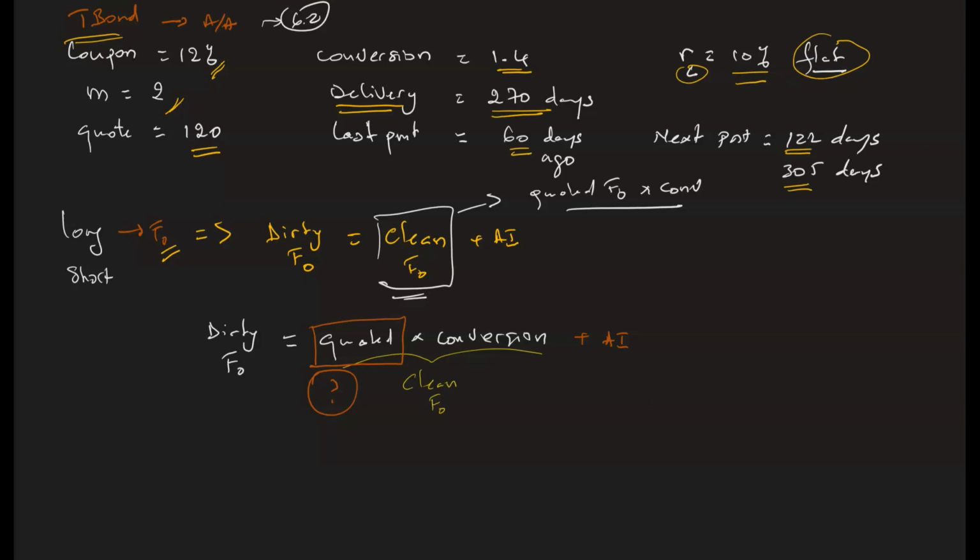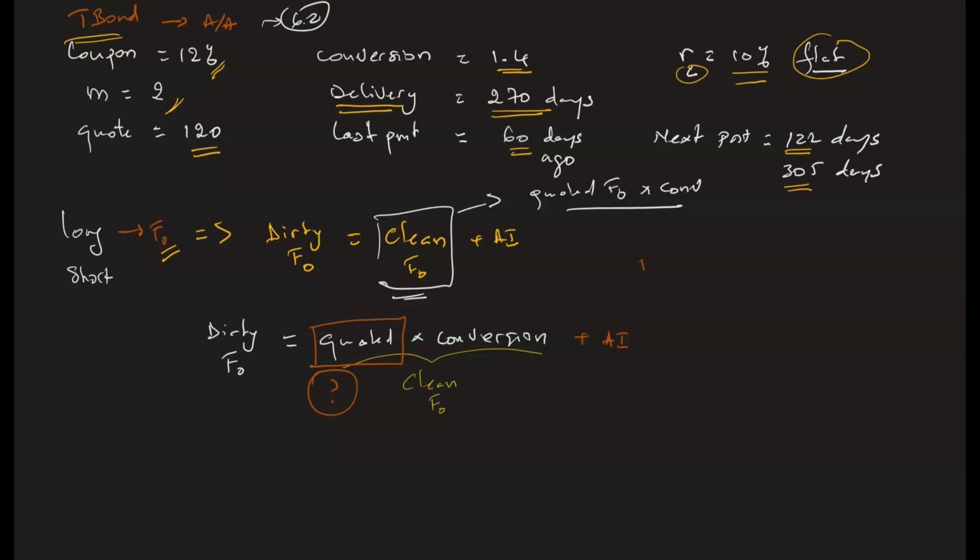So to do that, let's work slowly. Remember, our dirty futures price is expressed as the total, including accrued interest, and that is what our general formula gives us.